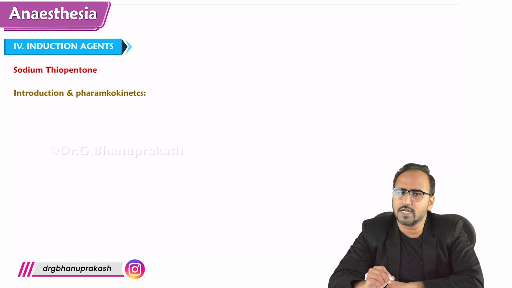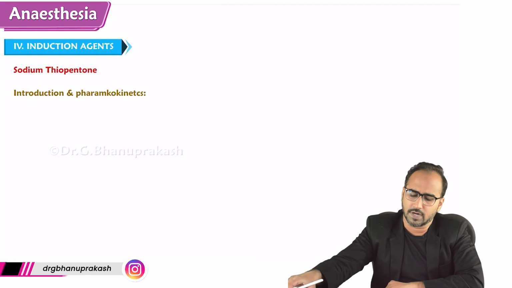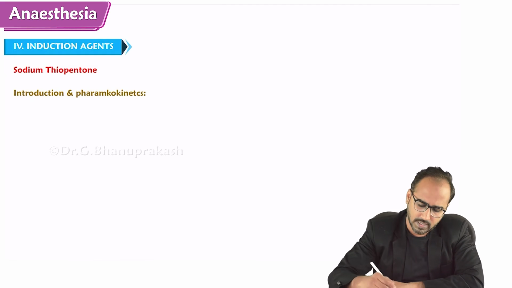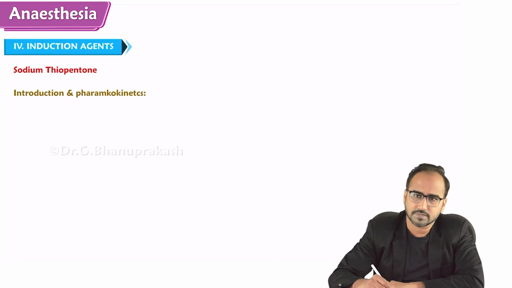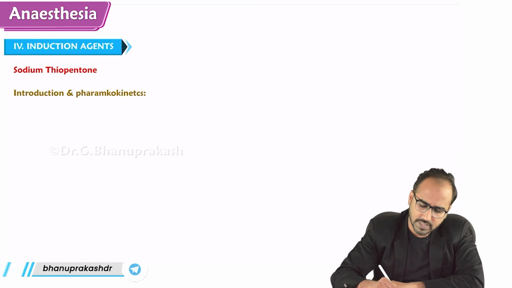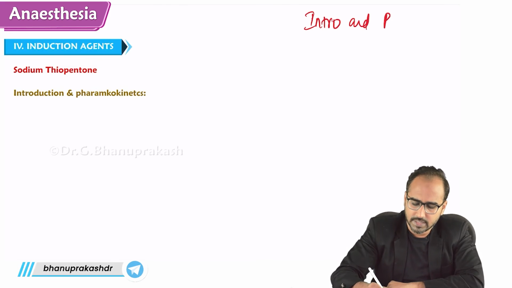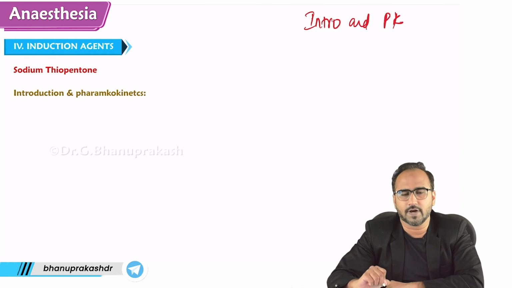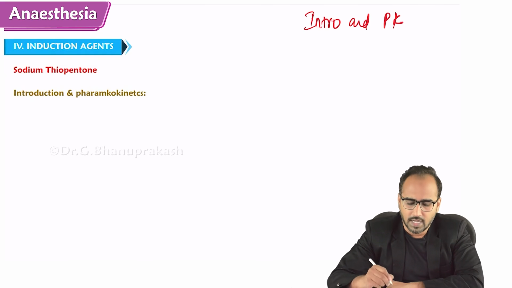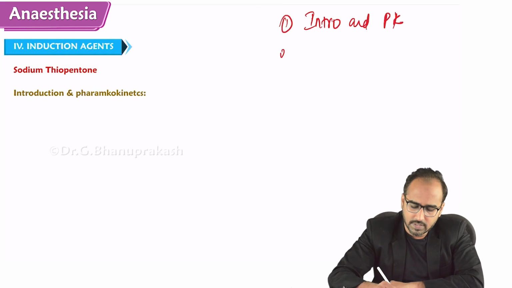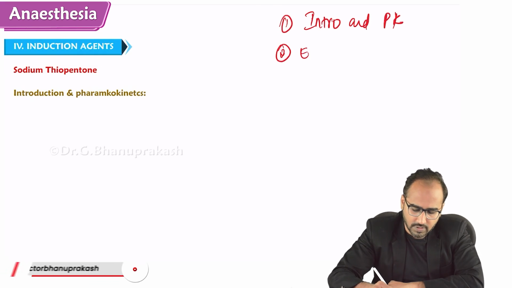Now guys, whenever we are discussing any drug, the first thing we need to discuss is the introduction and pharmacokinetics. After that, we need to discuss the effect of the drug on various systems.